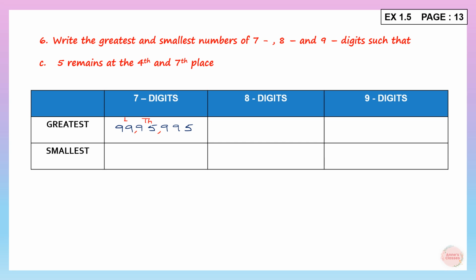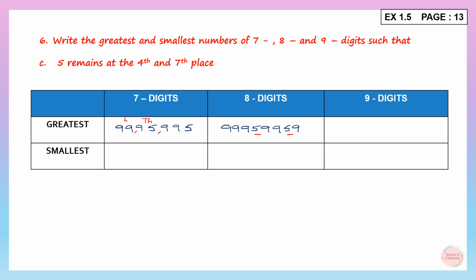Now to form the greatest 8-digit number, let's write 8 nines. 1, 2, 3, 4, 5, 6, 7, 8. Now we have to put 5 in the 4th and the 7th places. So let's look for the 4th place. 1, 2, 3, 4, 5, 6, 7. In these two places we have to remove the 9s and put 5. So let's put 5 here and 5 here.